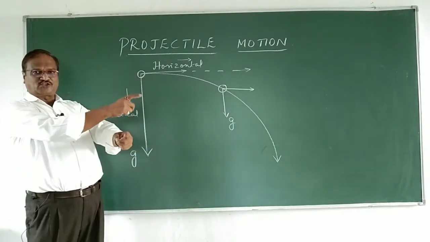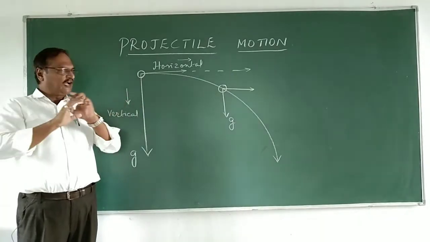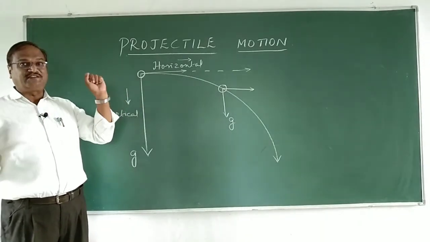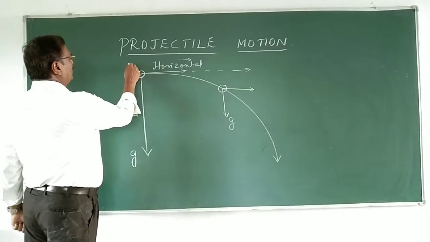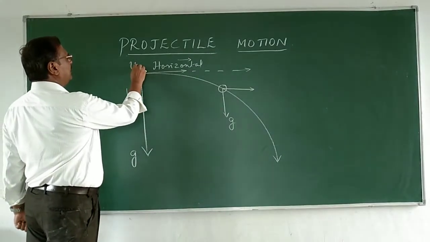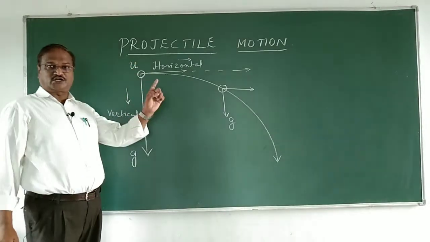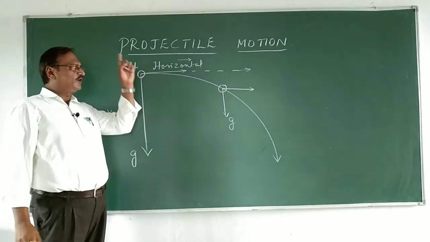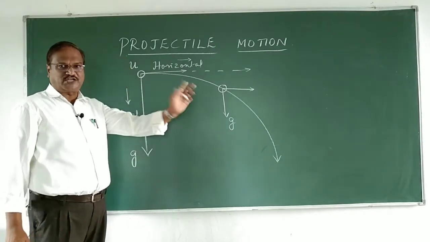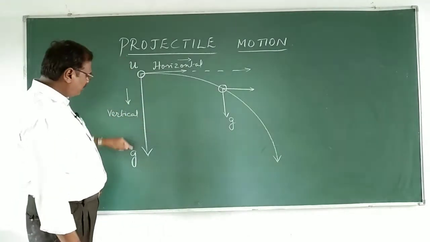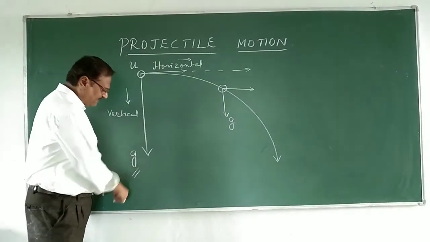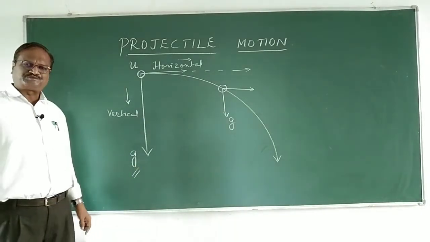Only we gave the velocity to it. That's all. After that, we cannot do anything with the velocity. So the horizontal velocity u is remaining constant. Once you set the horizontal velocity, it will remain the same. But vertical motion is influenced by the acceleration due to gravity.